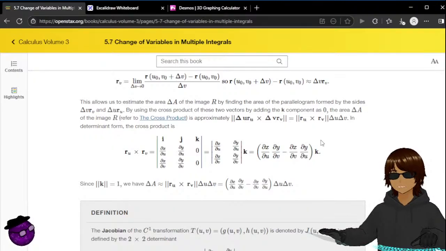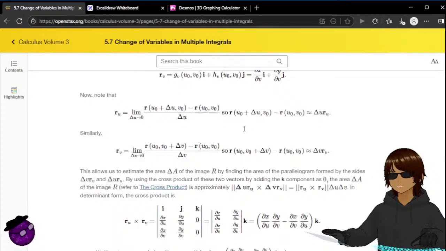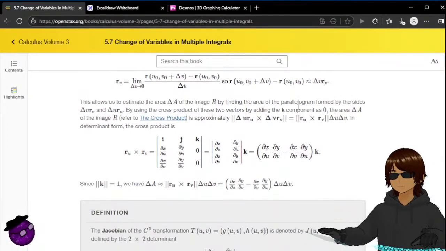But what is k over here? I forgot. Adding the k component as 0. Oh, there are 3 dimensions, but we aren't considering the z axis. Since the length of k is 1, how is the length of k 1? K is like 0, 0, right?